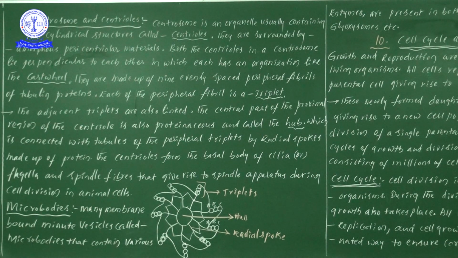In the structure of a cilia or flagella there are only doublets, so there 9 into 2, that is 18. The ratio of these two, 18 and 27, is 2:3. Try to understand that maximum, otherwise I will explain when you are here.